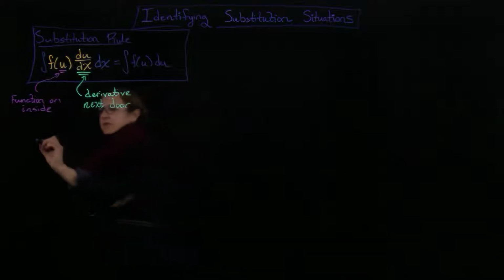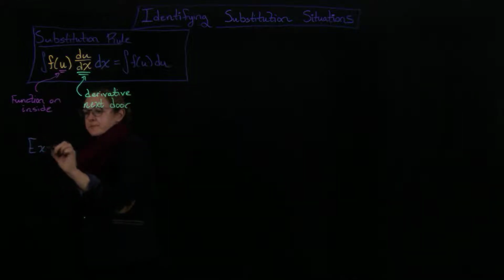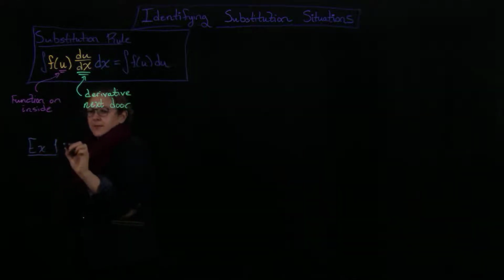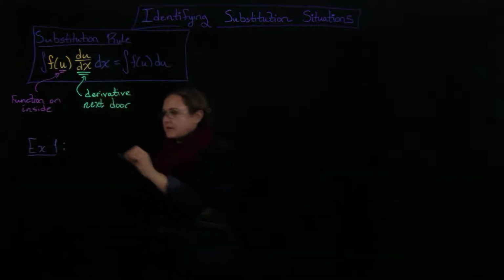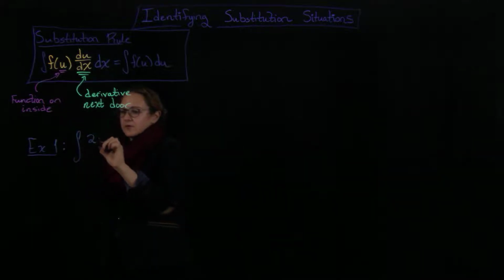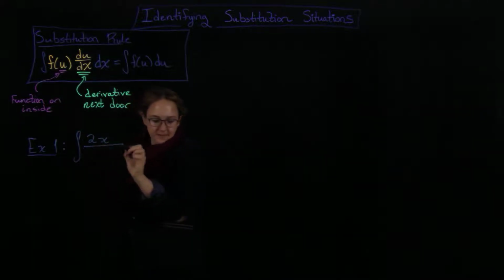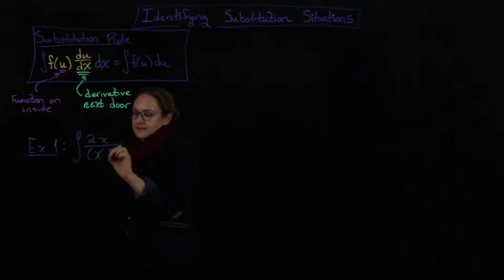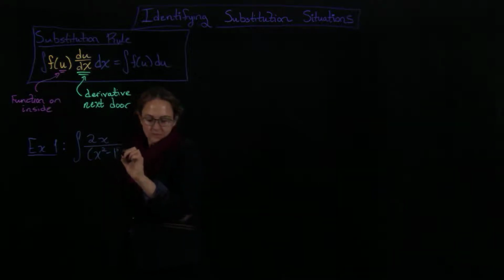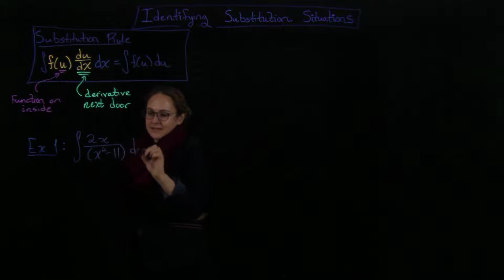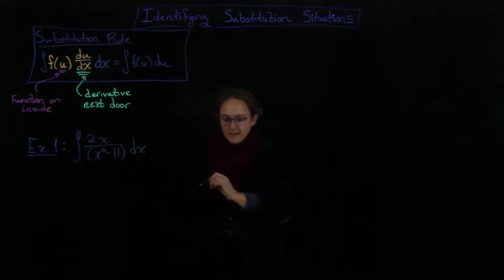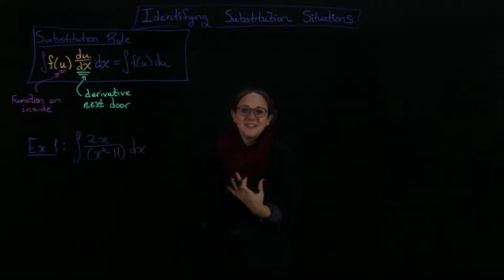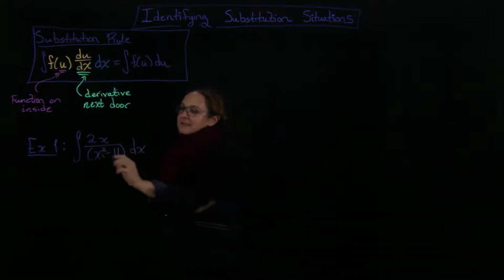So here's the first one we're going to look at. This is example 1. If I had the integral of 2x divided by x squared minus 11 dx, what is the inside here? It's actually down here.